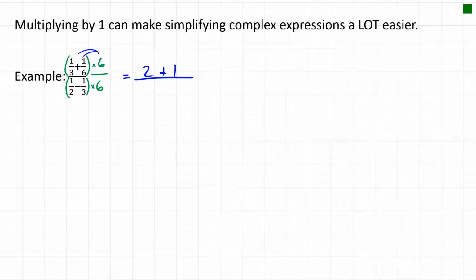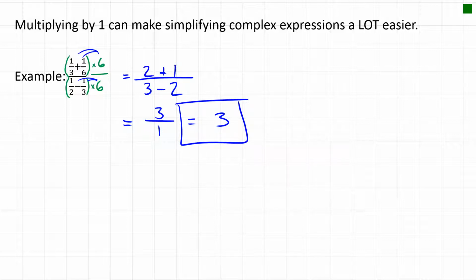In the denominator, if I do the same thing, 6 times 1/2, I get 3, and 6 times 1/3, I get minus 2. And look at that. Just by multiplying by 1, I have reduced my complex fraction into a very simple looking fraction, which simplifies all the way down to 3.